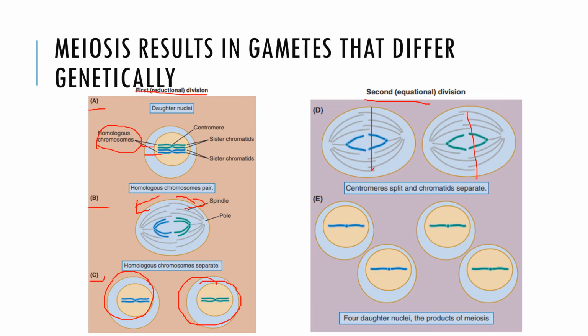The net effect of the two divisions in meiosis is the creation of four haploid daughter cells, in which each of the cells contains the equivalent of a single sister chromatid from each pair of homologous chromosomes.